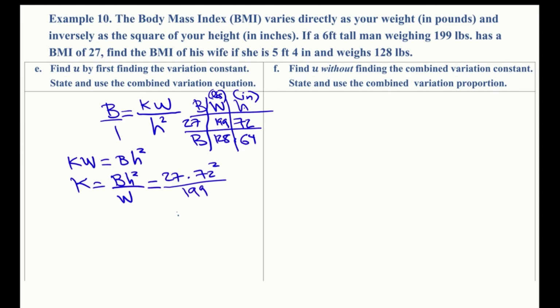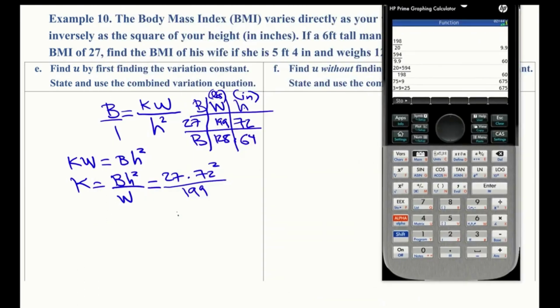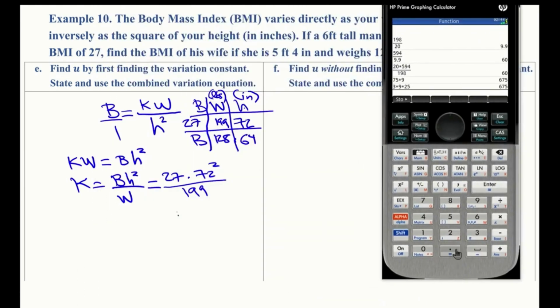So let's go ahead and calculate that. So we have 27 times 72 squared, and then we're going to divide that by 199, and we get approximately 703.